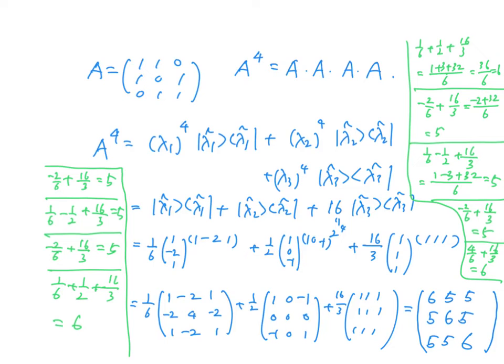So this is the spectral theorem. For this case, multiplying 4 times may take about the same amount of time. But if I ask you to calculate A to the 10, then this will be much faster.